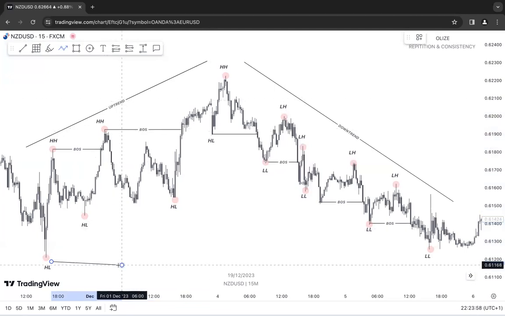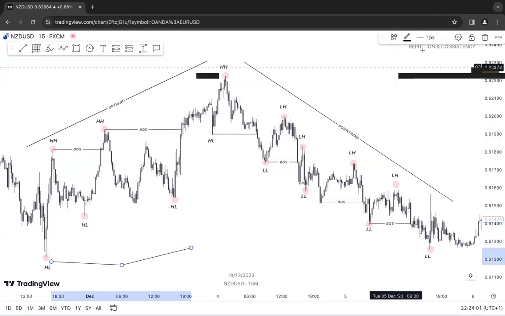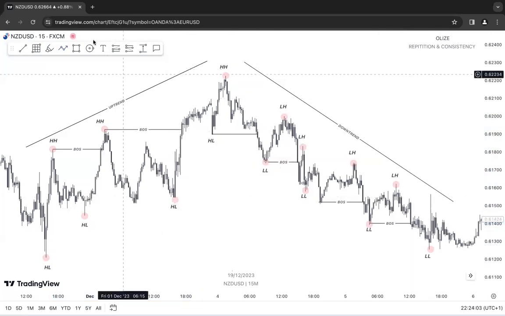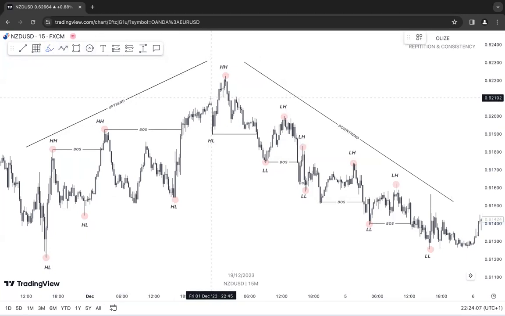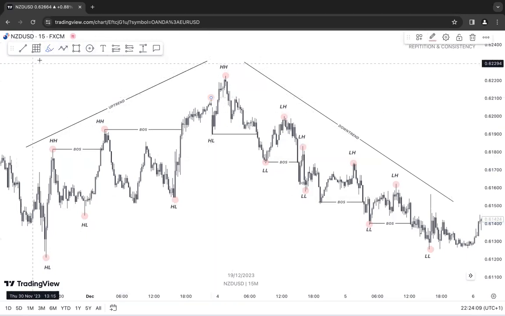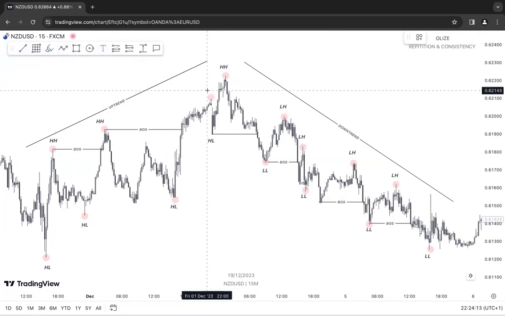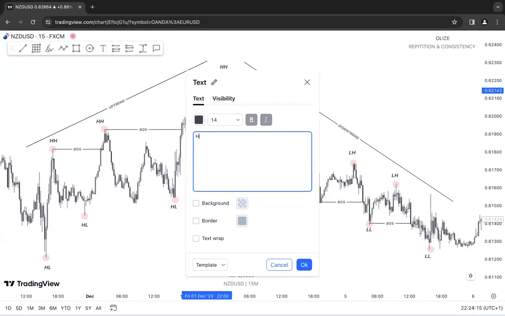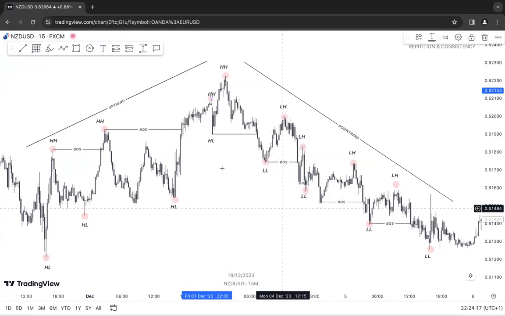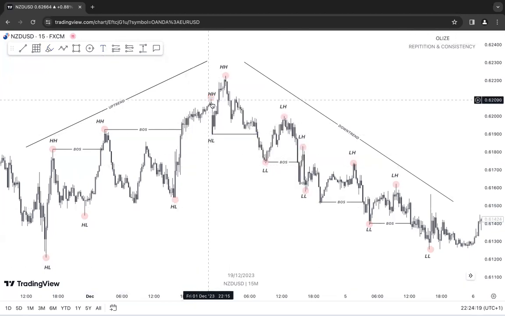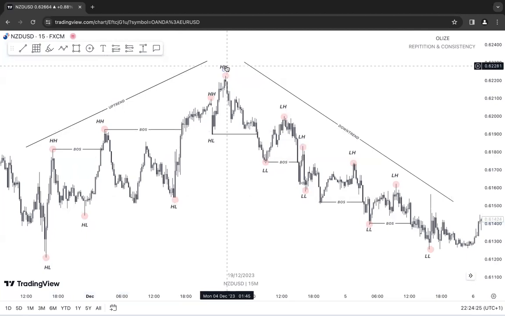Let me correct that before moving on. Higher high. Yeah, so price broke this old swing point to create this new higher high.